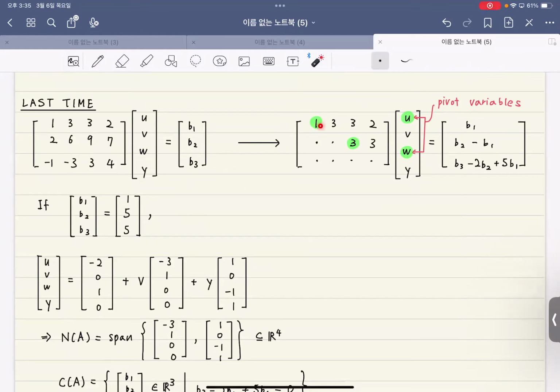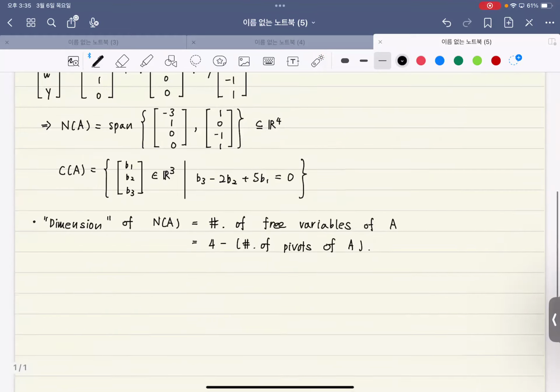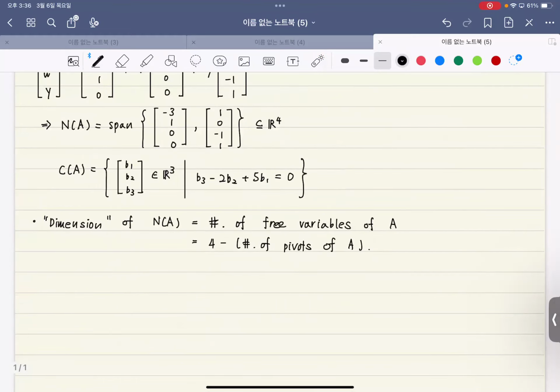I have 2 pivots here, which means I have two pivot variables. Therefore, I have 4 minus 2 free variables. In other words, this is the number of columns of matrix A minus the number of pivots. So, okay, good.